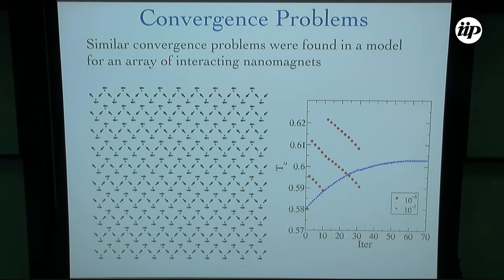Here I'm showing a problem that I work with very much, spin-ice-like systems. We have a lattice of elongated nanomagnetic islands. Each arrow in this figure represents a nano island about 200 nanometers long, that has a magnetic moment restricted to point along the long axis of this nano island.